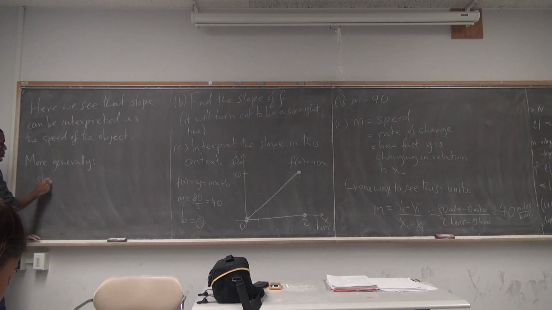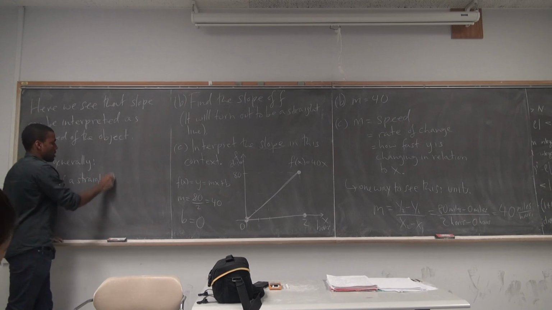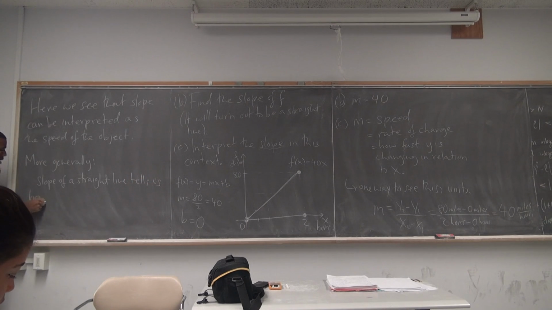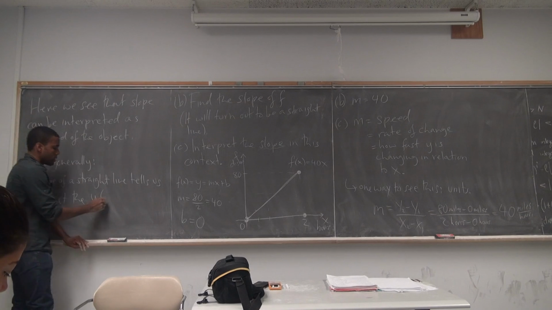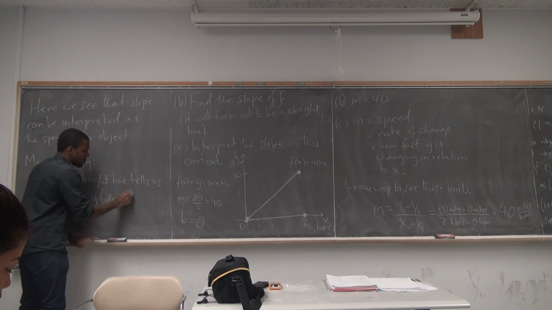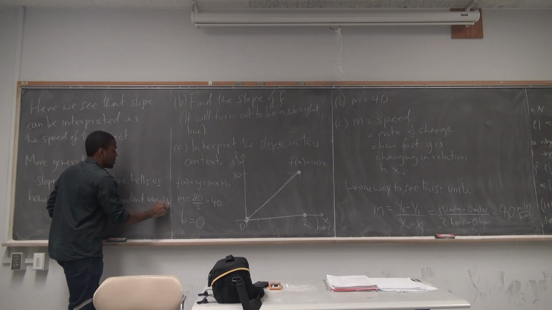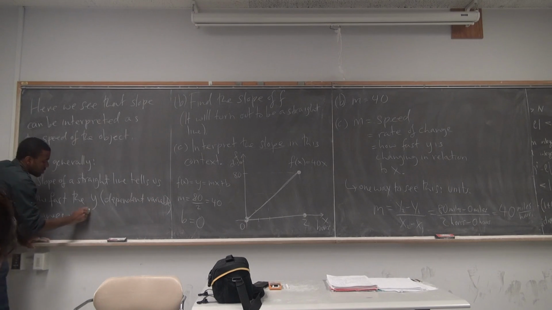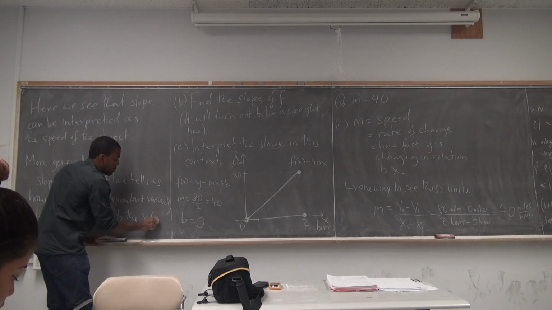The slope of a straight line tells us how fast the y, or it doesn't have to be y technically, the dependent variable, changes in relation to the x, or the independent variable.